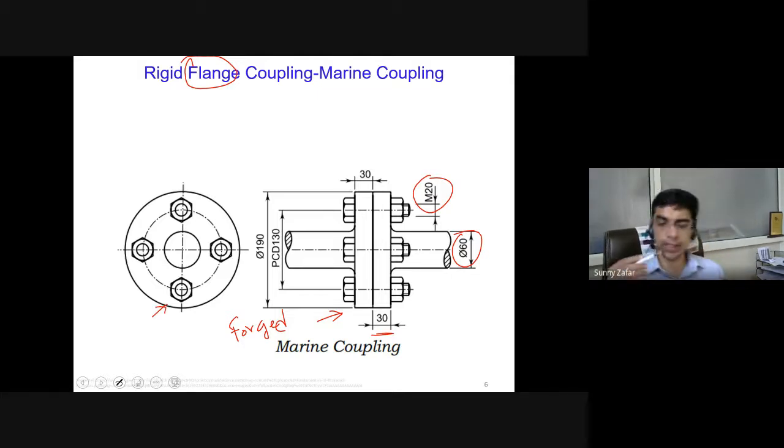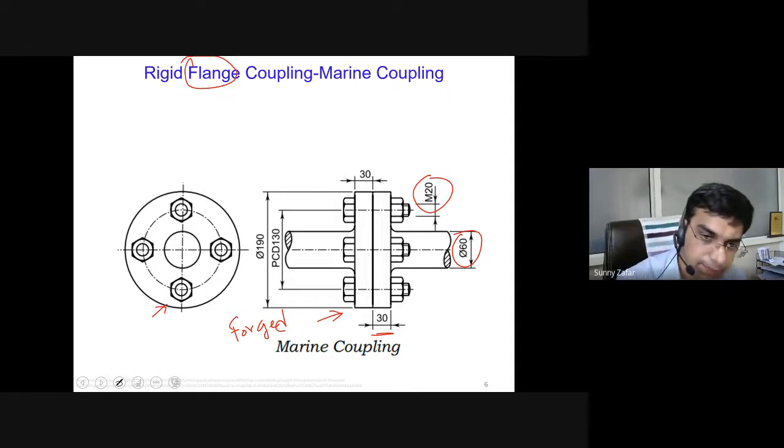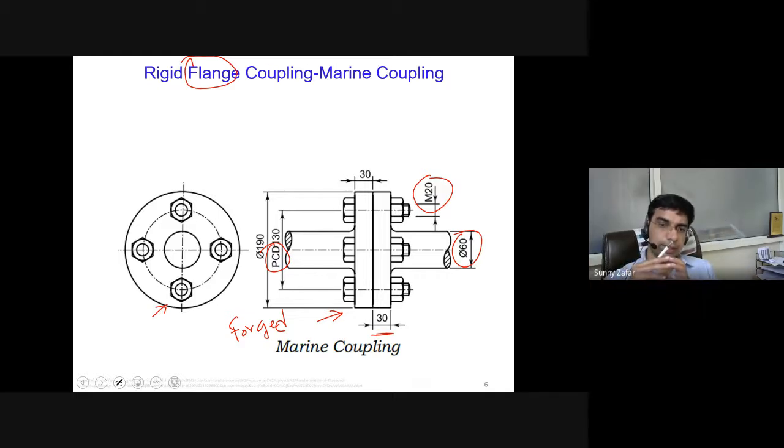So this can vary in pairs like 4, 6, 8, 10, and so on. And of course, since they have to be fixed at a particular diameter, that is denoted by PCD, that is pitch center diameter. PCD is 130 millimeters, and the external diameter of the flange is 190 millimeters. All the dimensions are in millimeters.